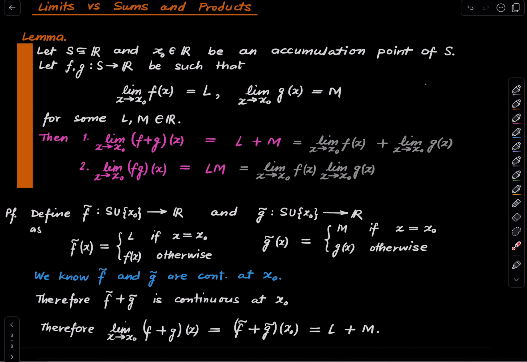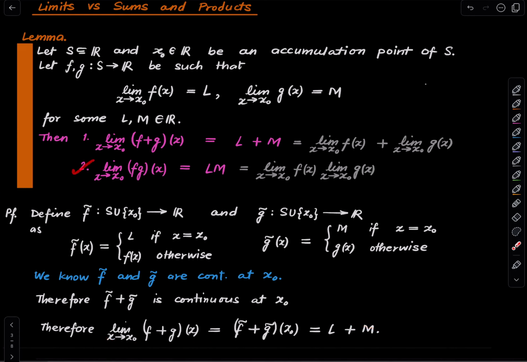So we are just using what we recalled, the converse part. F tilde plus g tilde extends f plus g to this set, and f tilde plus g tilde is continuous at the point x0. We just argued that, and therefore by using the converse recalled in the beginning, we have this conclusion, and that proves part 1.